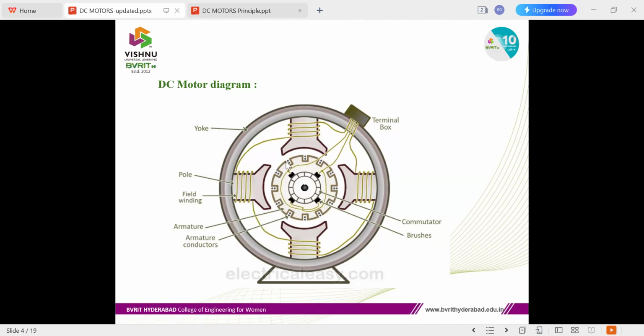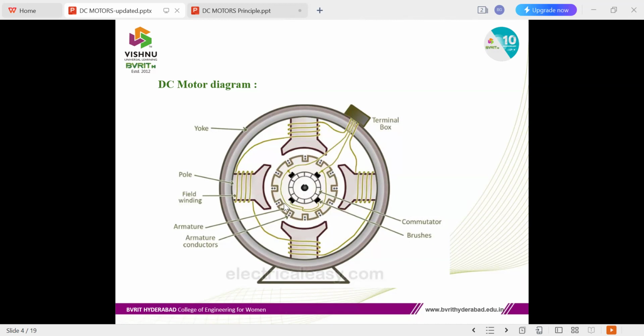It consists of slots on its periphery and air ducts to permit air flow through the armature, which serves a cooling purpose. So the armature core provides housing for the armature winding, that is, the armature conductor, and it provides a path for the magnetic flux produced by the field winding. And it is made up of cast iron or cast steel.